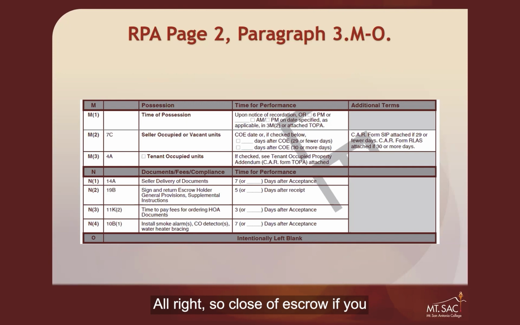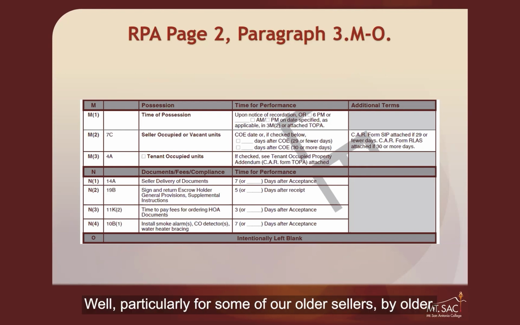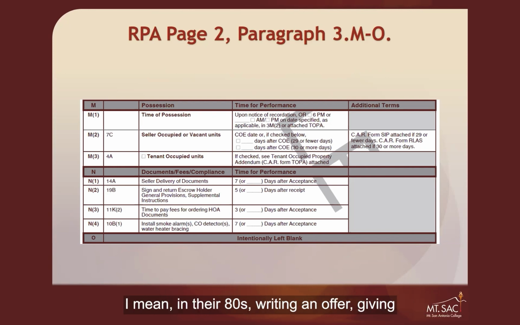So close of escrow, if you want to extend the amount of time that the seller can stay in the property. Now, the most common is what? COE plus 3 days after close. And why do we do that? Well, particularly for some of our older sellers, by older, I mean in their 80s, writing an offer, giving them an extra day or two to get out, makes it a lot easier to get acceptance.